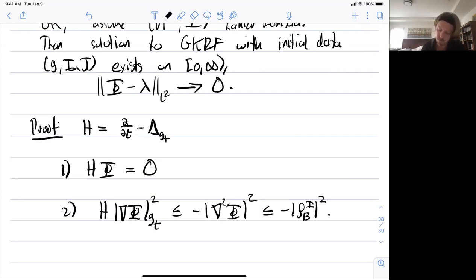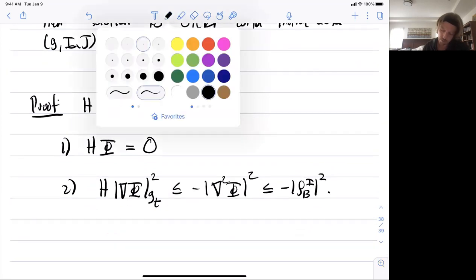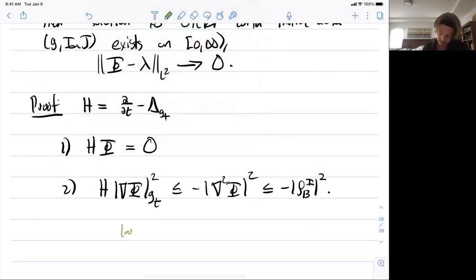And so indeed, this positive function is a subsolution to the heat equation, and it even has this favorable negative term on the right-hand side. And again, as I said, in the commuting case, this is loosely analogous and plays a similar role analytically to the scalar curvature monotonicity for Ricci flow.